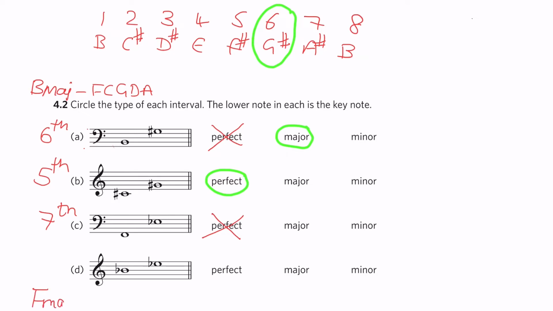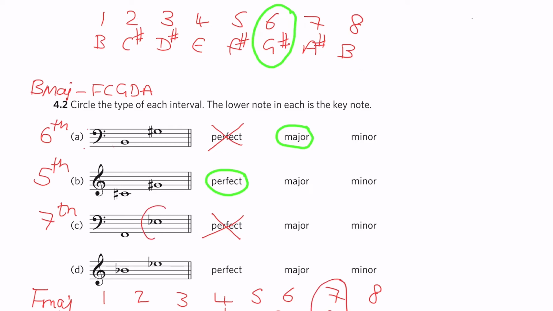So F major has got a B flat, and we know this because we're looking at our circular fifths, which we've drawn out on our scrap bit of paper at the beginning of the exam. And we're going to put the degrees of the scale: 1, 2, 3, 4, 5, 6, 7, 8. And we're going to put in F, G, A, B, C, D, E and F. So we're going to add our B flat in, and then we're going to have a look at the 7th degree.